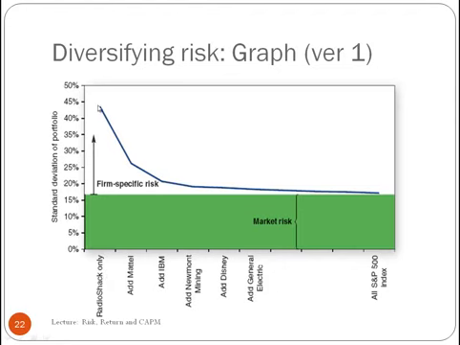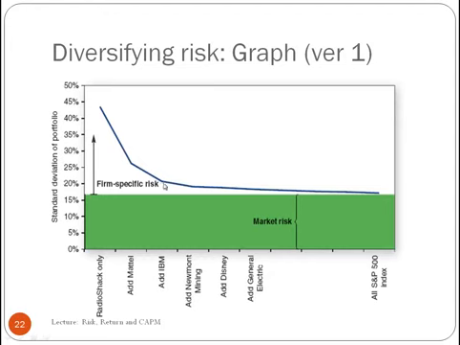The blue line starts out fairly high when there's just one stock in the portfolio, in this case Radio Shack. And then as we add more stock, the standard deviation of the portfolio lowers.